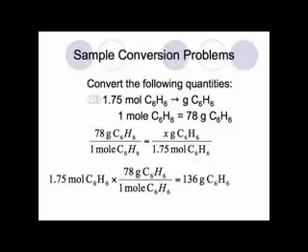I have 78 grams of C6H6, or benzene, over 1 mole of benzene is equal to X grams of benzene over 1.75 moles of benzene. I then isolate my X grams of benzene and take my 1.75 moles of benzene times 78 grams divided by 1 mole of benzene, and that gives me 136 grams of benzene.